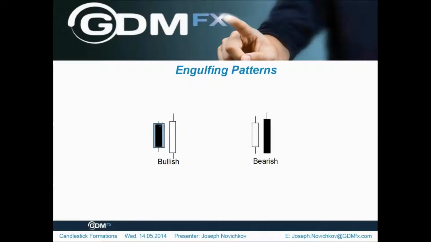We have a bearish candle, which is a black one in this particular moment, and the next session opens with a slight gap to the downside and of course finishes way above the closing or the opening of the previous session's price. This is what we call an engulfing pattern because it basically eats the previous session, engulfs the previous session. That is why it's such a strong reversal pattern.